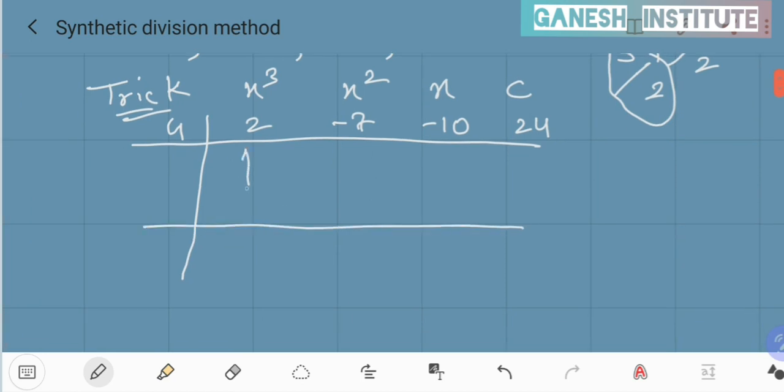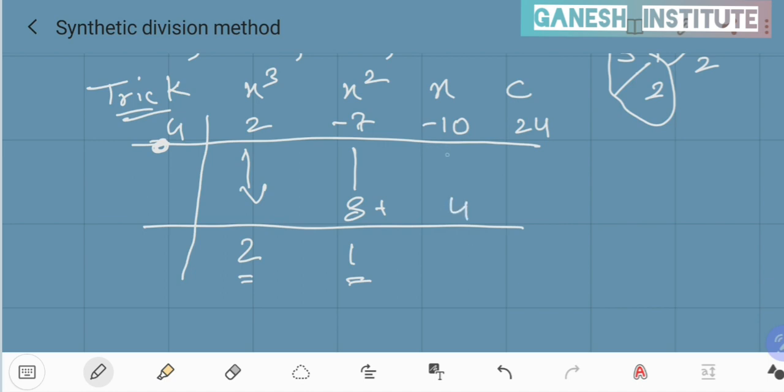The first step is that we have to write down 2 as it is. Then we will multiply 4 with 2, which gives us 8. Then we will add these two numbers. What we will get? 1. Then we will multiply this number with 4 again. 1 into 4 gives 4.